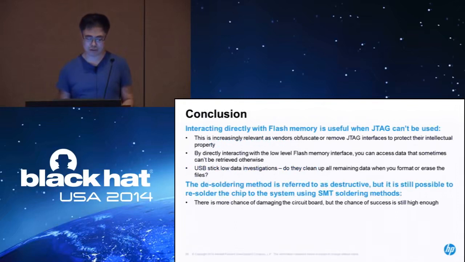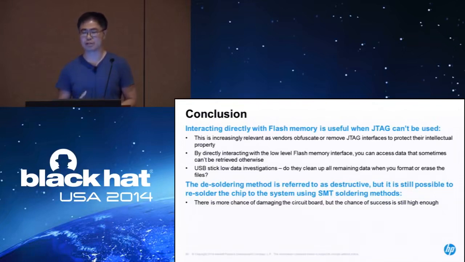So the conclusions: you can use the NAND flash memory technique in situations where you can't use JTAG, especially for USB stick research. I guess a USB stick doesn't have any JTAG, right? So in that case, you can use this method to dump the low-level structure from USB devices.